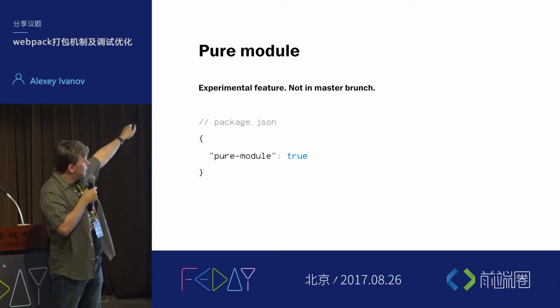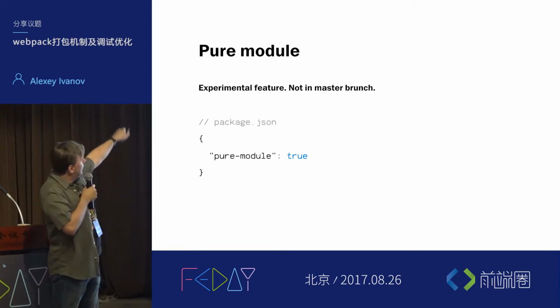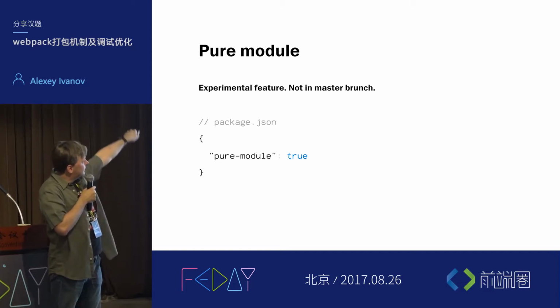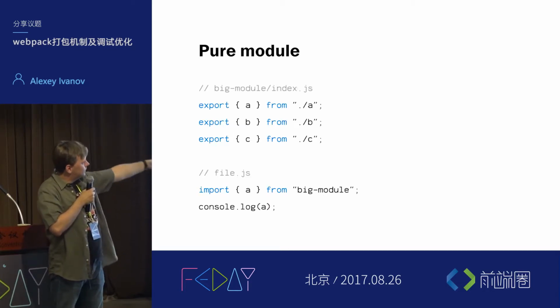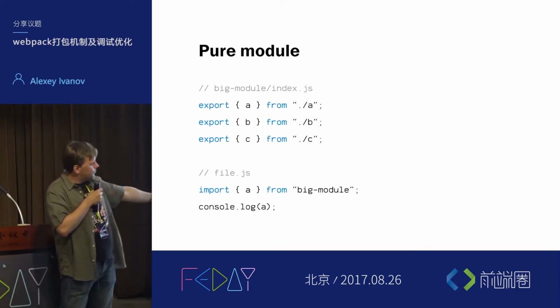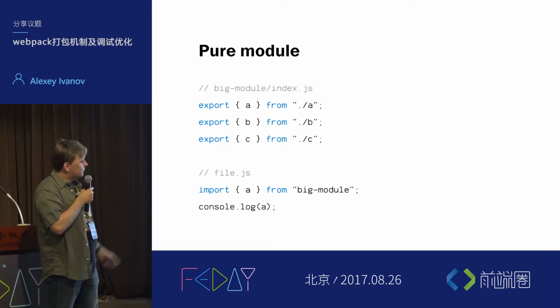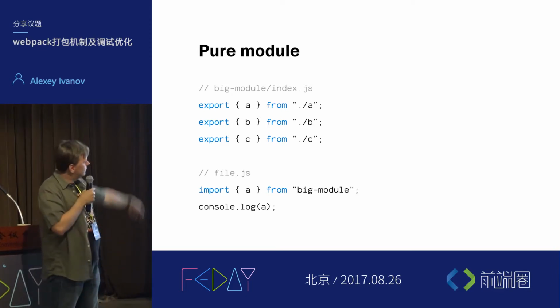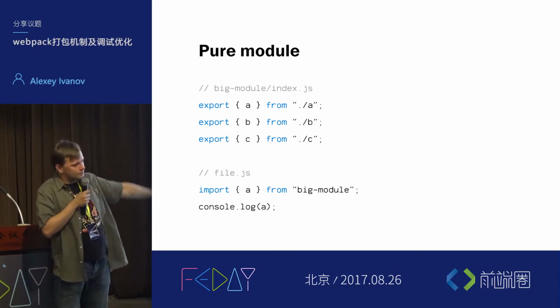So if Webpack finds this flag inside package.json, it will do the following. Example again: we have some library with a lot of re-exports from other files, and we use only one function inside our application. Before pure modules, we will have all these modules inside our bundle.